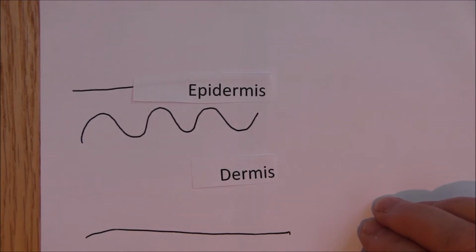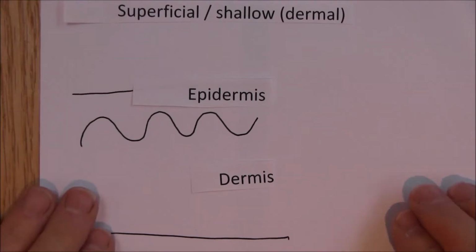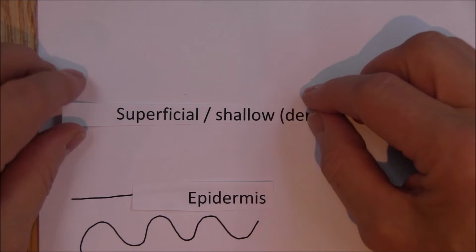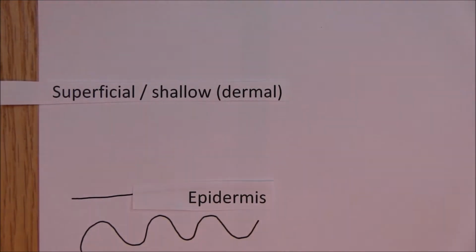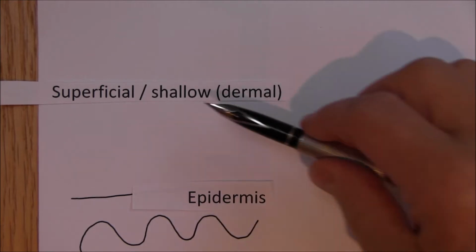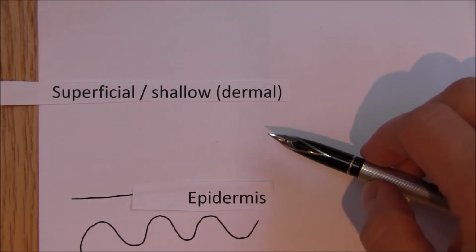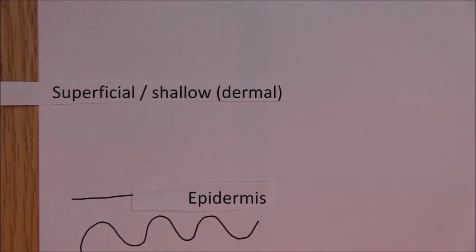And we're talking about these burns which are superficial dermal. Now actually this term's slightly confusing. Superficial, we tend to think of superficial burns affecting the epidermis. So really the better term here is shallow dermal. They're affecting the top part of the dermis.